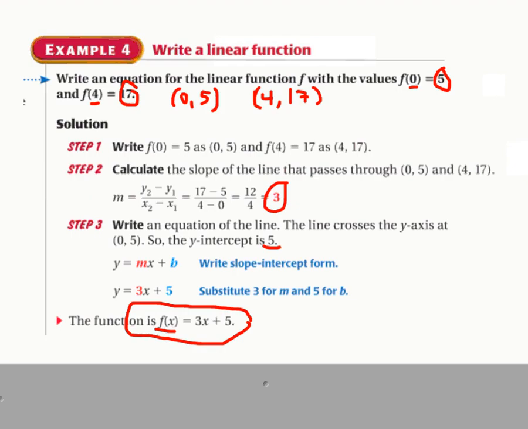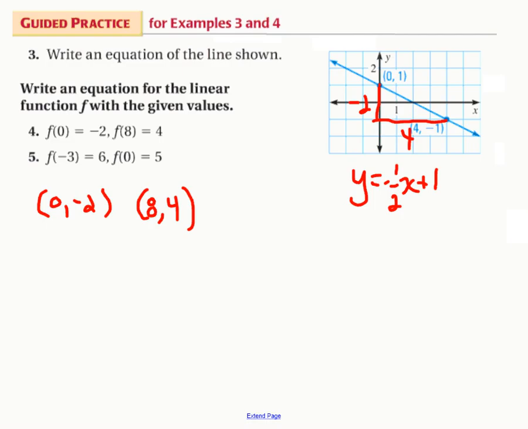If you remember from the steps above, after I write my 2 points, I have to calculate slope. So I'm going to subtract my y's over my x's. So in this case, I have 4 minus -2 over 8 minus 0. Add them up.